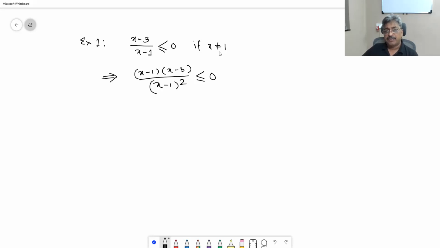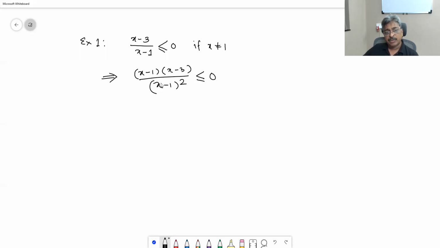Therefore, even if x not equal to 1 is not written here, still it is to be assumed that because x minus 1 is in the denominator, x must not be equal to 1. It is not in the domain of definition of this function.